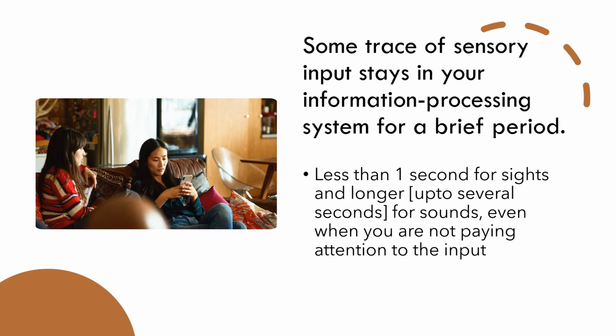This observation demonstrates that some trace of sensory input stays in our information processing system for a brief period. It can be less than 1 second for sight and up to several seconds for sound, even when you are not paying attention to the input.